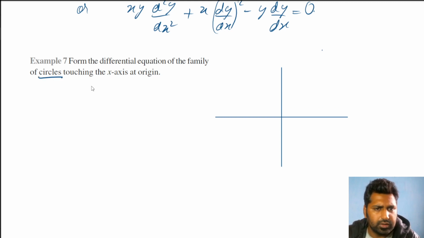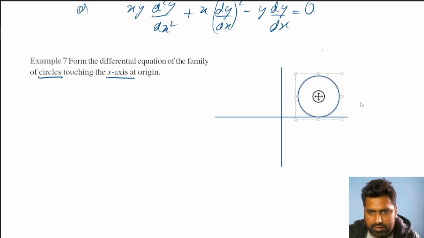So circle equation we know, touching x-axis at origin. So we should create an equation of a circle which is touching the x-axis. If the circle is touching the x-axis, this is the radius. What will be the coordinate of this center?